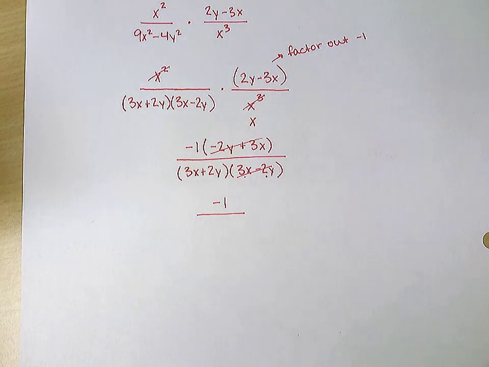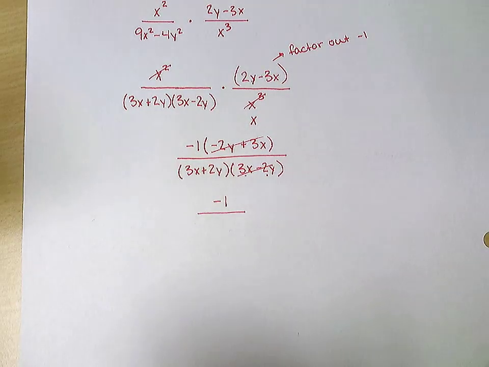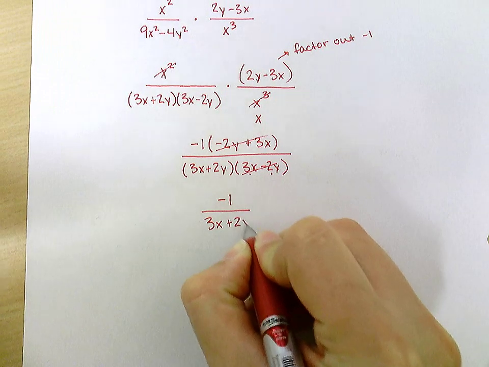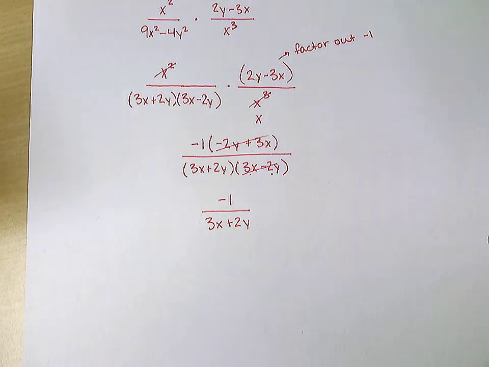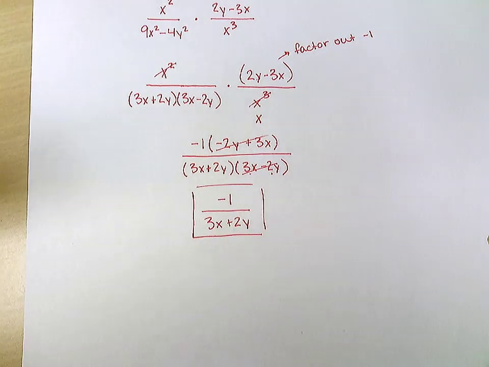Okay, if you cancel everything in your numerator, you still have that 1, in this case a -1. And then I have 3x plus 2y in the denominator. And that would be your final answer.